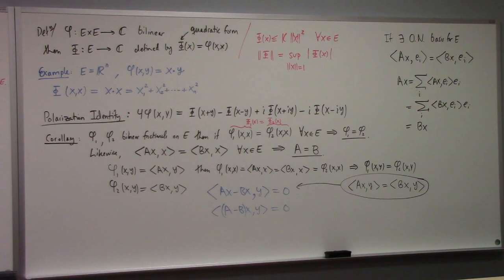No, I'm looking for something more. I want to use this to imply it has to be 0. Yeah, the inner product of x equal to 0 implies x equal to 0.